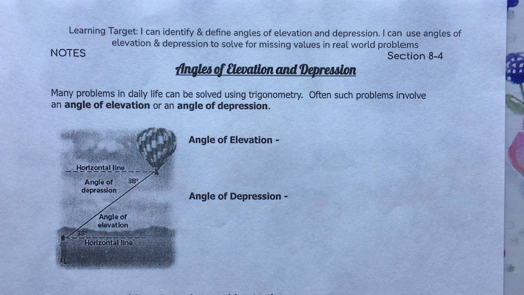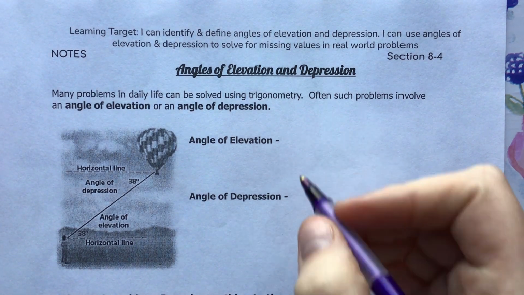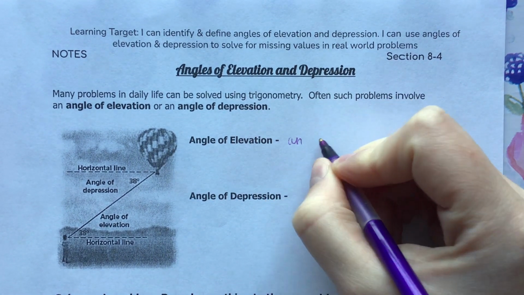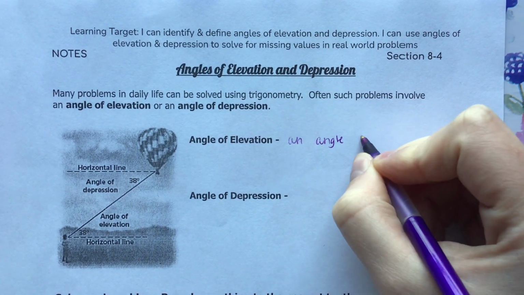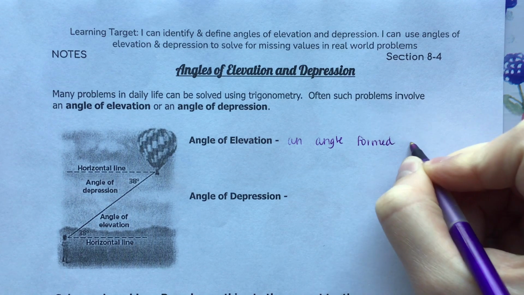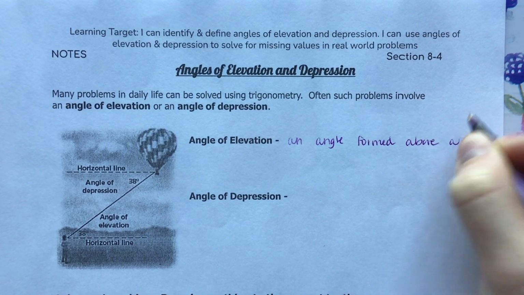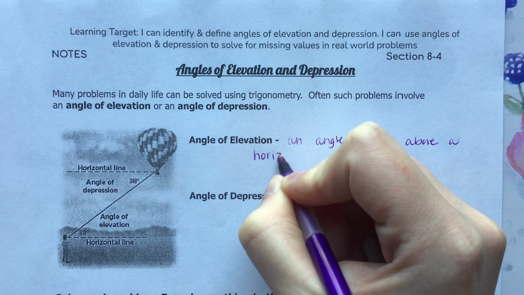So angles of elevation and depression are all over when it comes to real life application, and they're just in the world all around us. But what are they? An angle of elevation is an angle formed above a horizontal line.